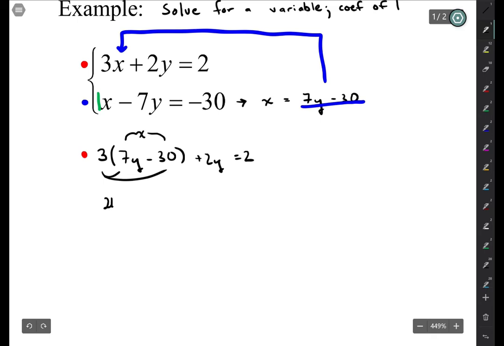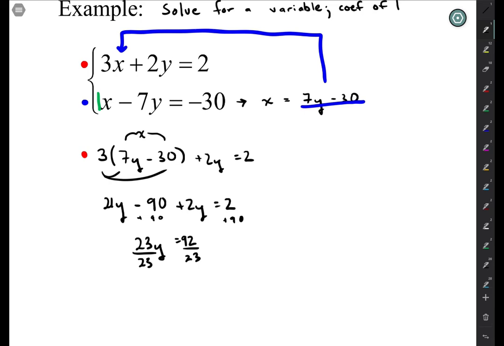Okay, 21y - 90 + 2y = 2. And then just solving from there. So combining our like terms, 23y equals, if I add 90 to the other side, 92. And then we'll divide by 23, divide by 23. I have my calculator here, 92 over 23 is 4.